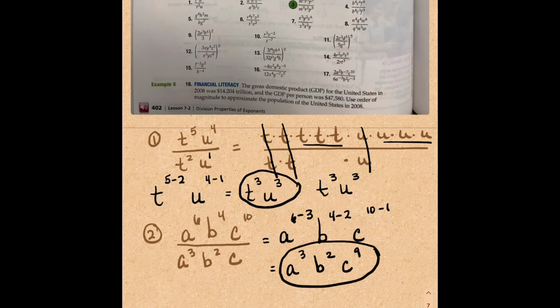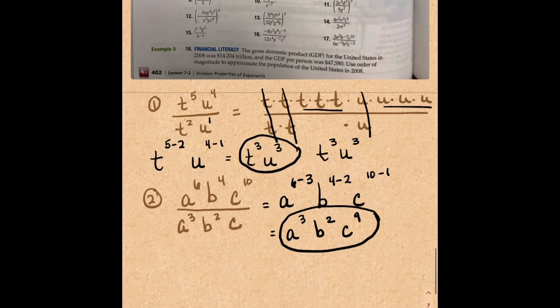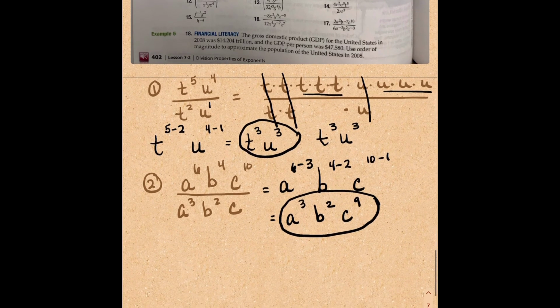All right. Let's move down to some of the ones that might give us some trouble. Let's look at number 11. We have, in parentheses, 2C to the 3rd, D to the 5th, over 5G squared, all to the 5th power. And I've got to deal with that all to the 5th power.